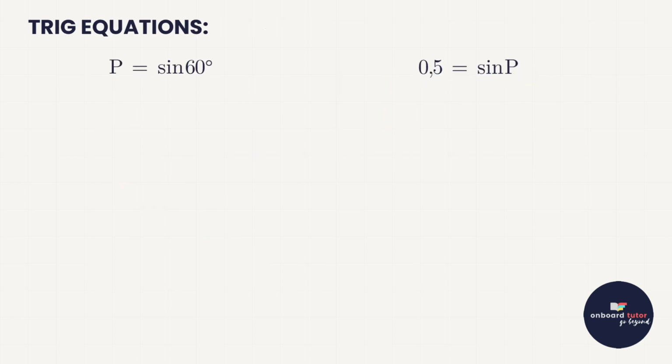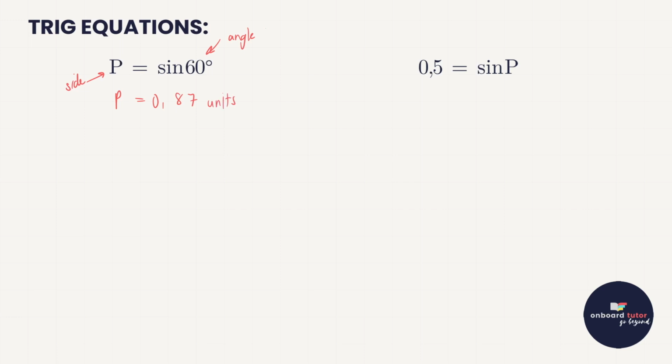In our last video we looked specifically at trig equations, and we saw that we can be asked to solve for a side if we are given an angle, and that's very straightforward. You just type into your calculator sine of 60 degrees and you get an answer there of 0.87 units.